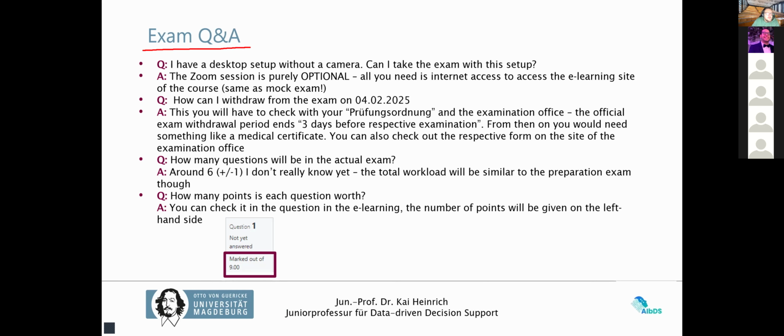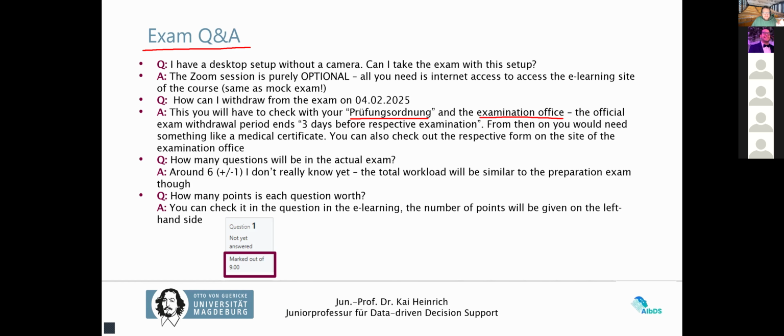How can I withdraw from the exam on the date of the exam? Yeah, so this is not that easy, because officially you can withdraw 3 days before the respective examination. So now you can withdraw if you want. On the day, I think you have to provide a medical certificate, but please check the Prüfungsordnung and the examination office.